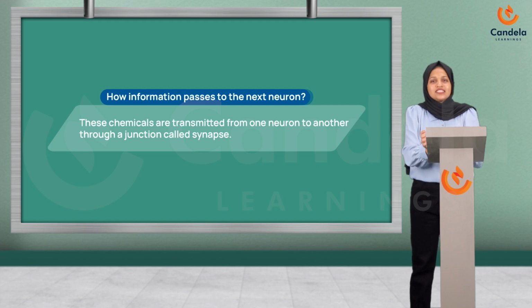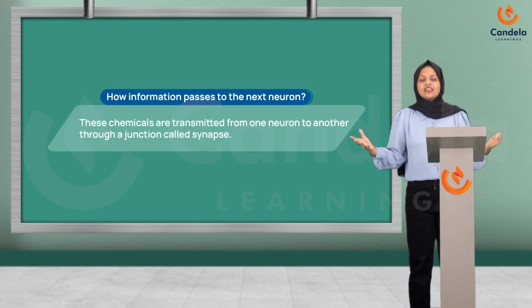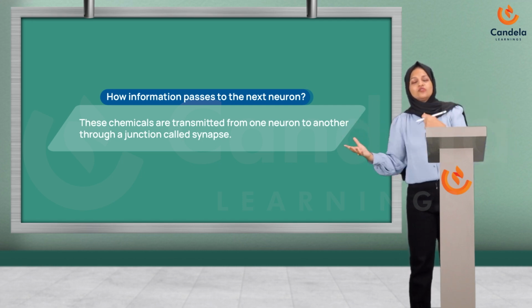Now what is a synapse? A synapse is a junction between two neurons. We can say that the information, or the electrical impulse, from one neuron to another neuron is carried through a synapse.